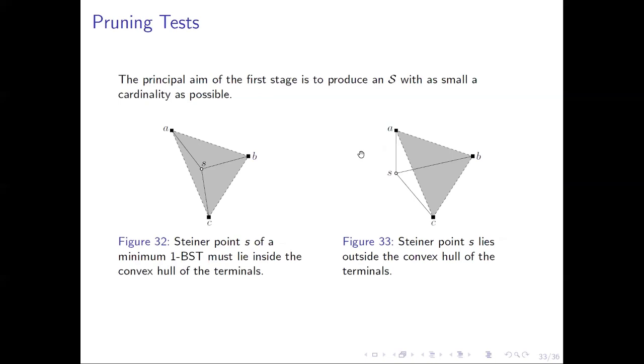It will be the center of the circle going through these three vertices A, B, and C, and it lies in the convex hull of its terminals. If the pruning test is not satisfied, so if the Steiner point lies outside the convex hull of the terminals, it cannot be optimal, so we can prune this particular cluster subtree. This is useful because we want to limit the number of Steiner points that go on to the next phase to make the algorithm more efficient.